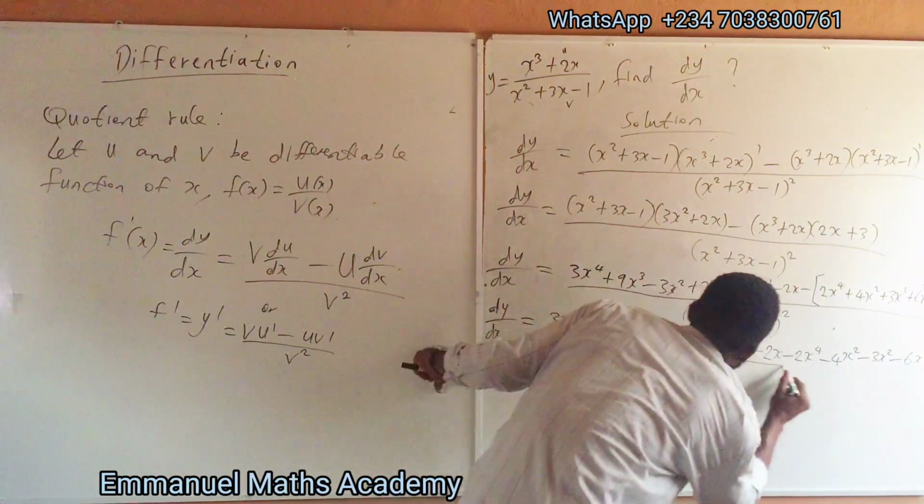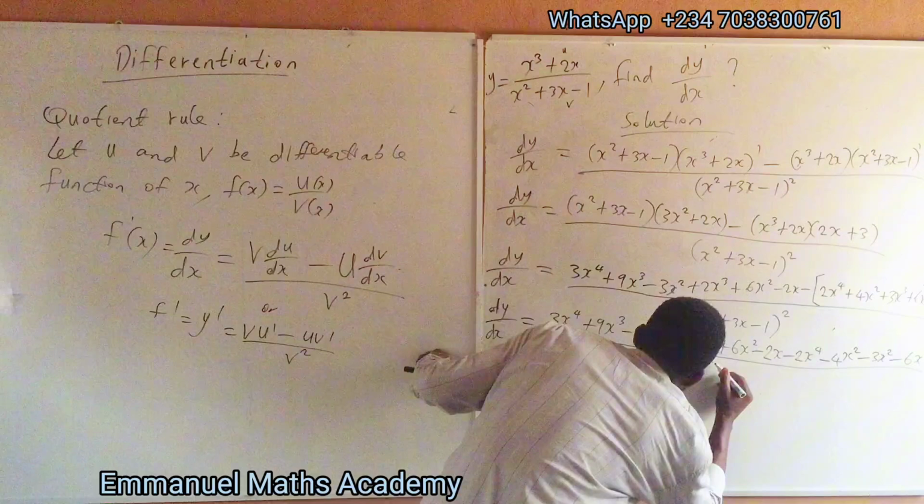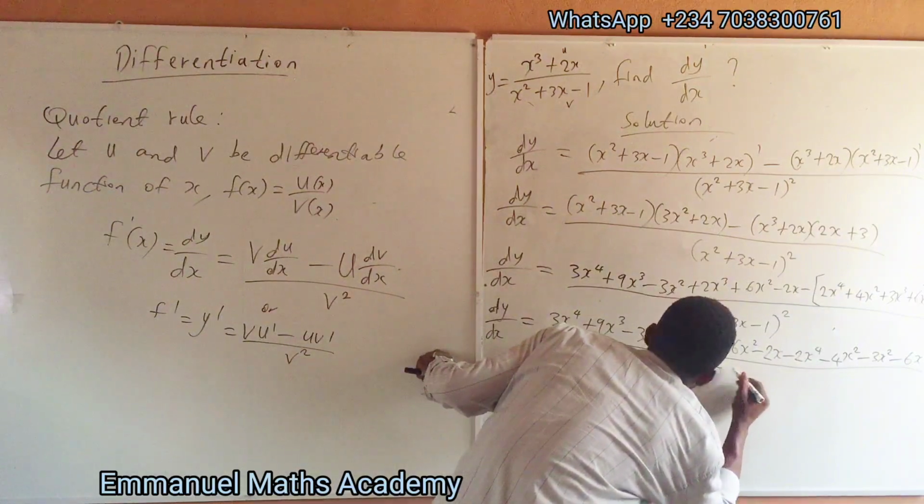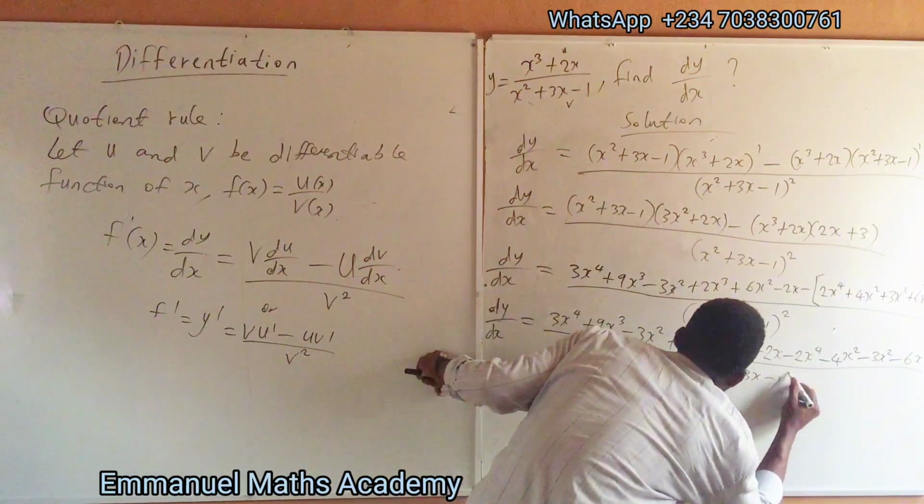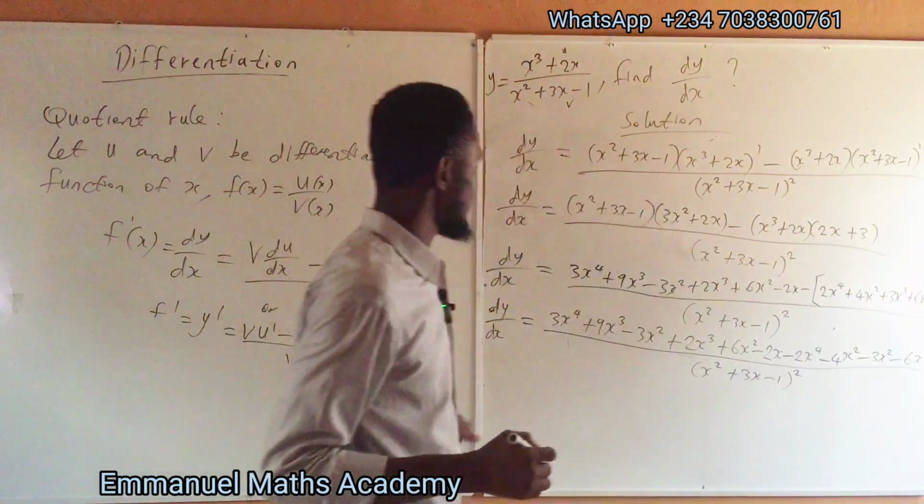All over our v squared, (x^2 + 3x - 1)^2.